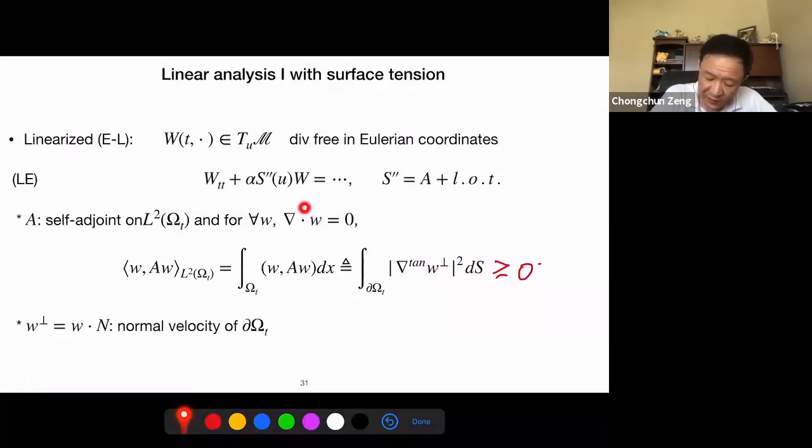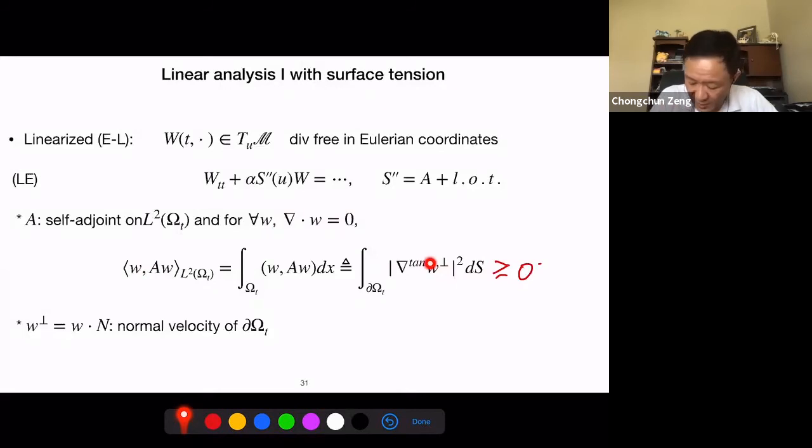Even if we know that it's divergence-free, we are still missing a lot. Because, for example, you can have a divergence-free vector field with identically 0 normal component on the boundary. So this operator A controls only some part of the velocity field.